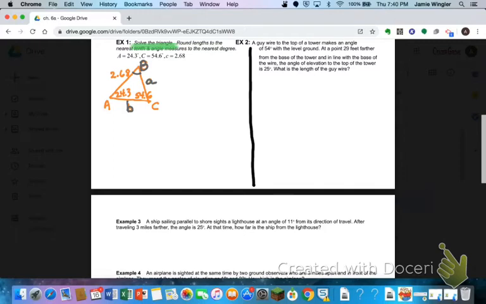This is an angle-angle-side setup, which tells us to use the law of sines. To find angle B, we're just going to use good old geometry, and we know that triangles add up to 180, so we subtract the two given angles from 180, and we get angle B to be 101.1 degrees.